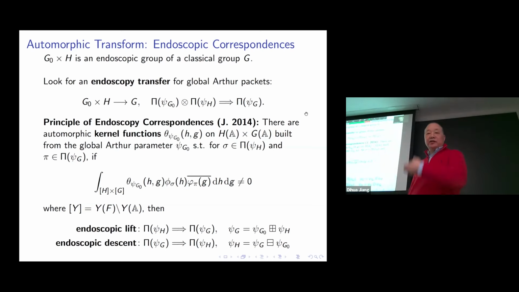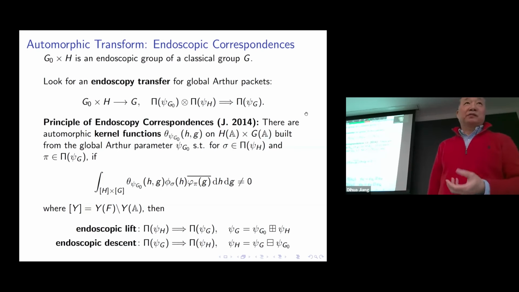Of course, they have these character relations. But we want to show that there is an automorphic kernel, so that this gives you a transfer like the theta correspondence.